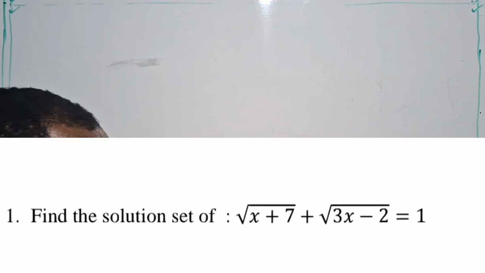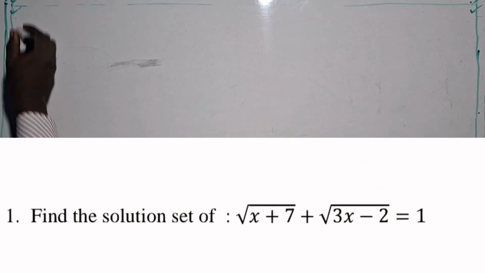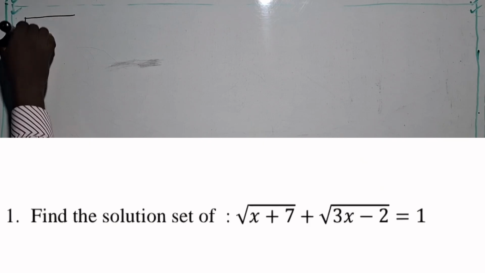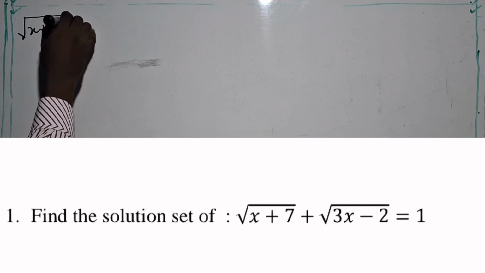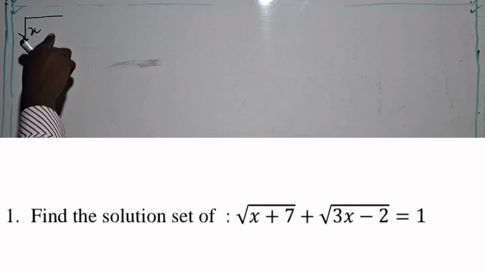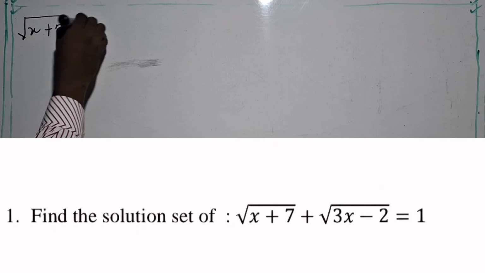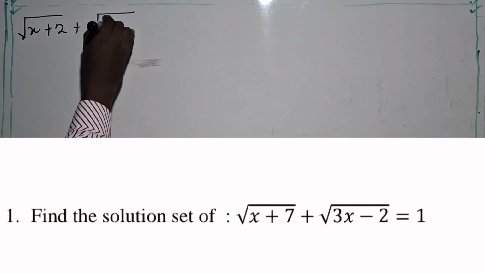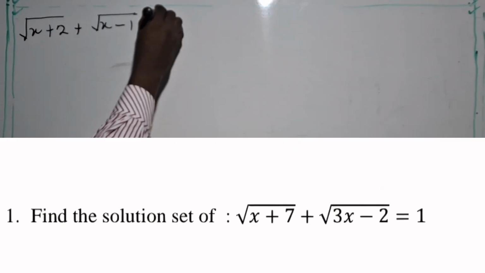So we are quickly going to take our first question and see how type 2 questions are solved. The question on the board says: solve, or find the solution set of, the square root of x plus 2 plus the square root of x minus 1 is equal to 3.